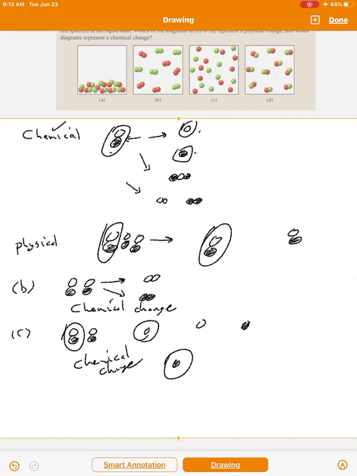You know, we often think of a chemical process as one in which the atoms are rearranged. But really what we mean is they're rearranged at the molecular level, meaning that these two are attached to each other. They're still attached to each other here, so that's a physical change. But here they're separated. They're not attached anymore, so that's a chemical change.